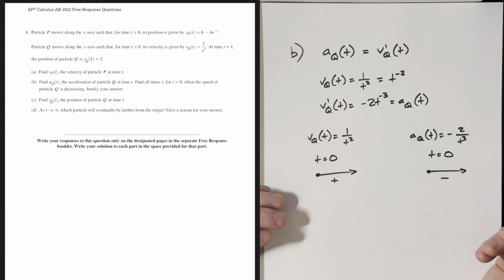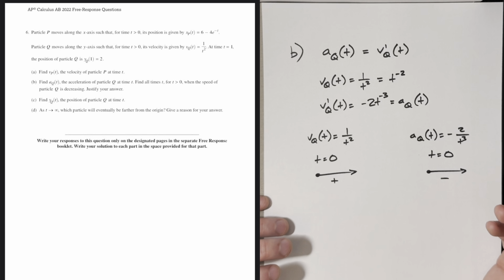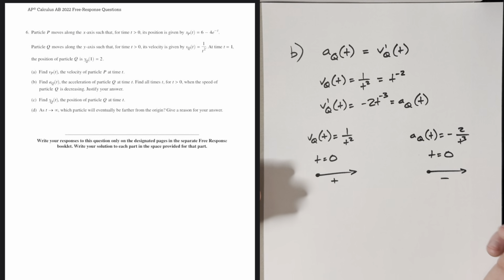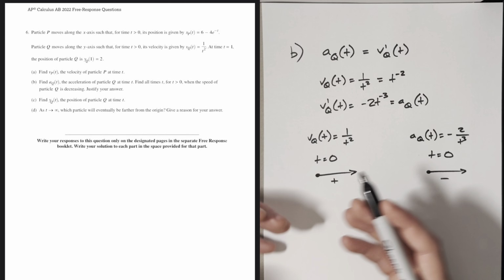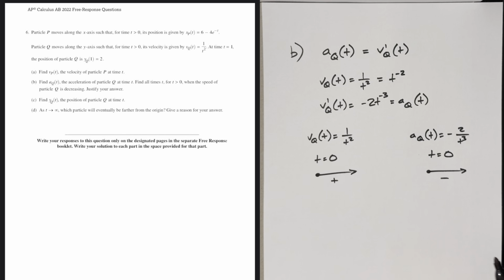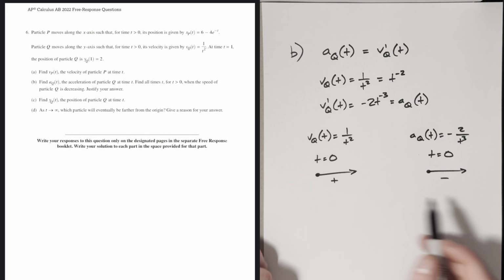Well, it's negative. So my acceleration is negative, but my velocity is positive. Therefore, they're in opposite directions. Acceleration is pulling the particle the other direction that it's actually going. So it's slowing down, or speed is decreasing, and this is true over the entire interval.